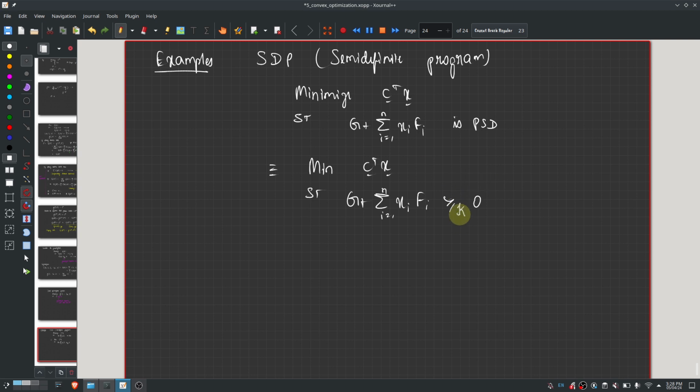And what is the K in this particular case? What is the cone? The cone of all positive semi-definite matrices. It's basically S n plus.